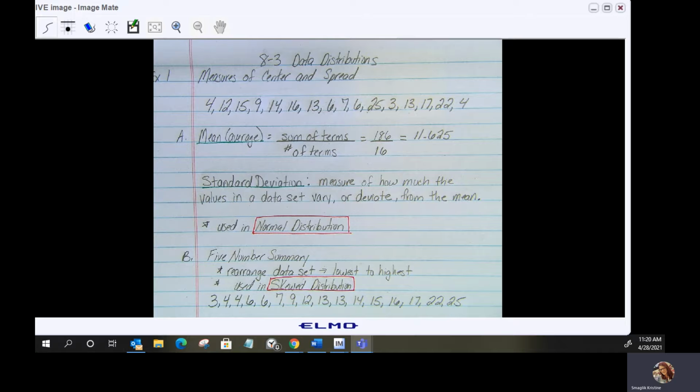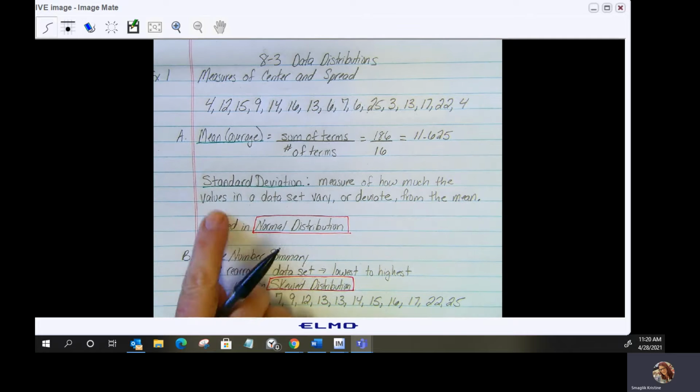We're going to deal with standard deviation a little bit more in upcoming sections of this topic. So wherever you're asked to find standard deviation in 8.3, just disregard it. We don't all have the right calculators, spreadsheets, etc. So we are just going to skip over it until we get into normal distribution.